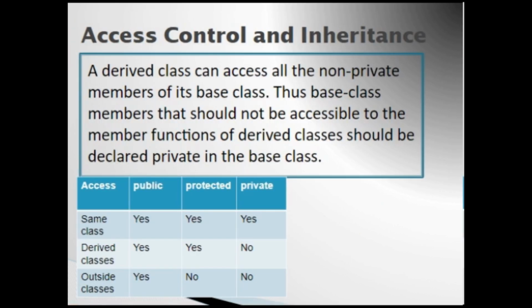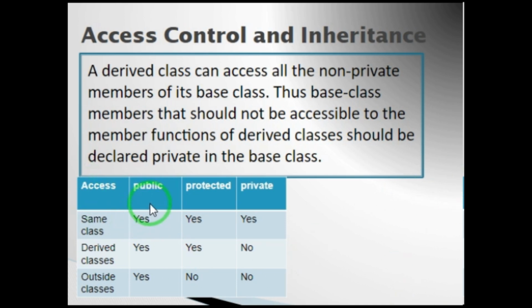Now we are going to discuss the effect of using the inheritance concept. See carefully. A derived class can access all the non-private members of its base class. Thus, base class members that should not be accessible to the member functions of the derived class should be declared private in the base class. It means the private member of the base class cannot be inherited in a derived class.